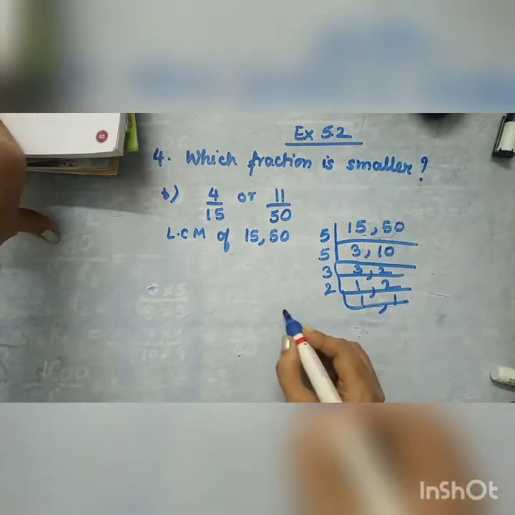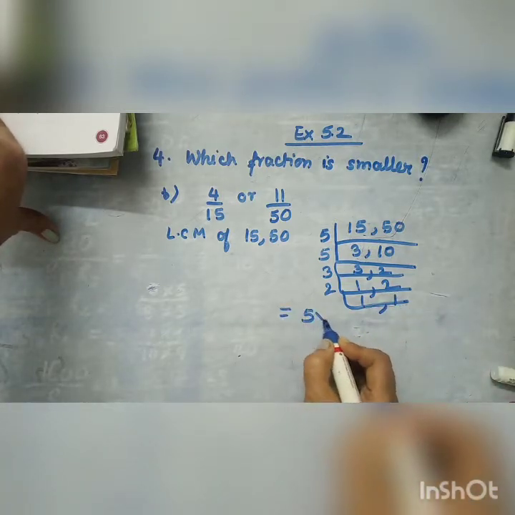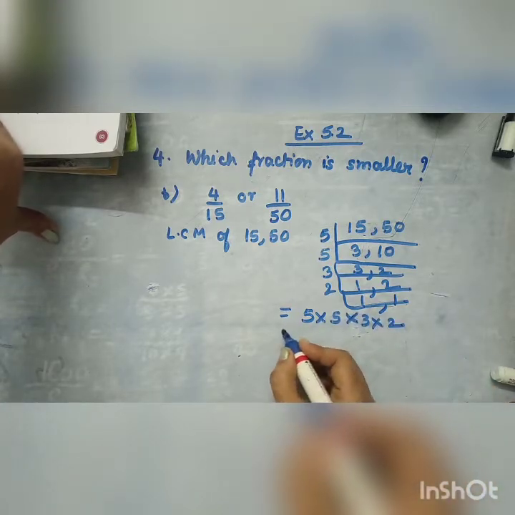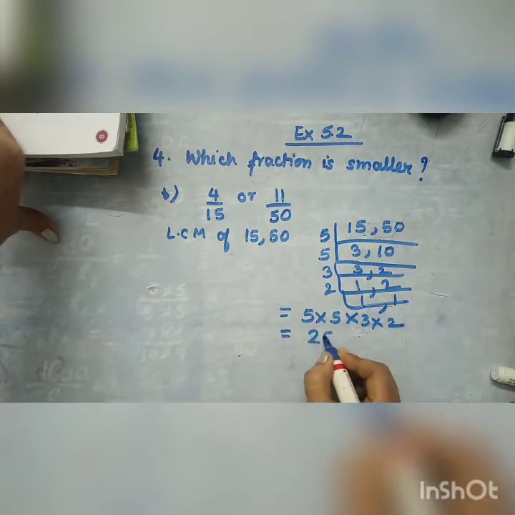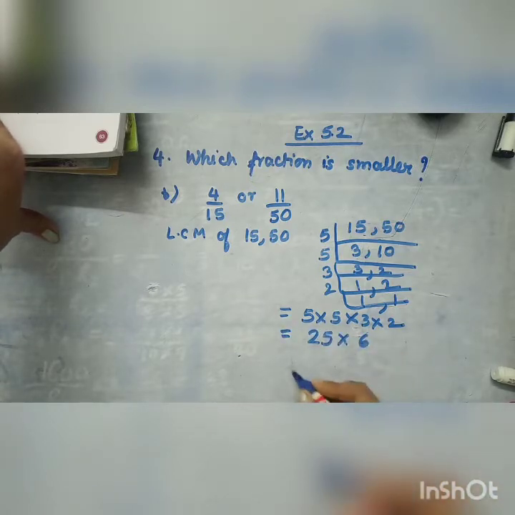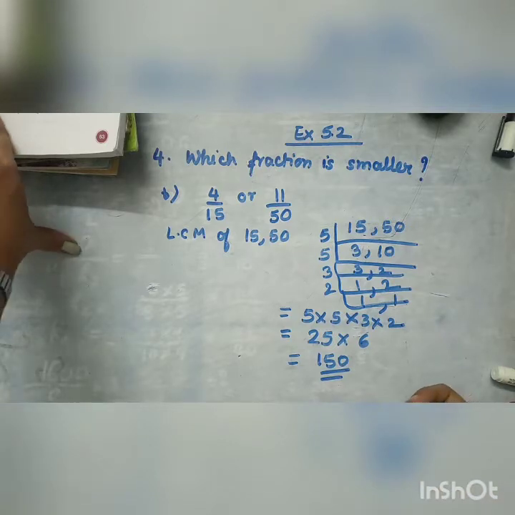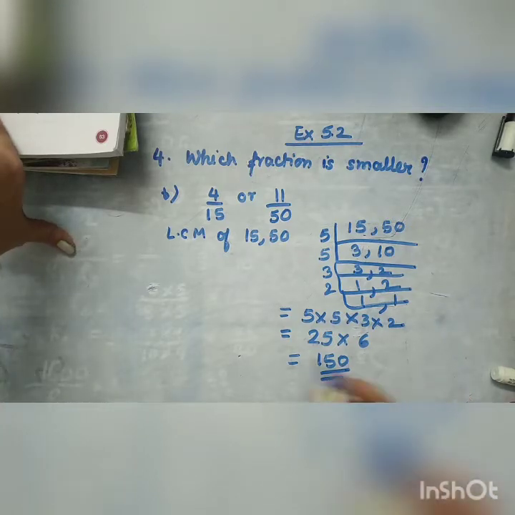So you have the LCM as 5 into 5 into 3 into 2. So here you have 25 into 6. So 25 into 6 will give you 150. So your LCM is 150.